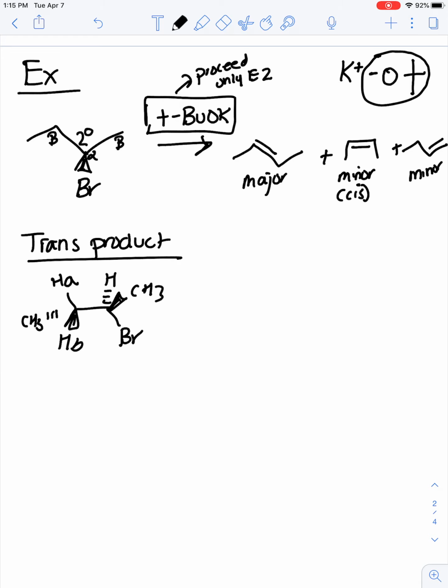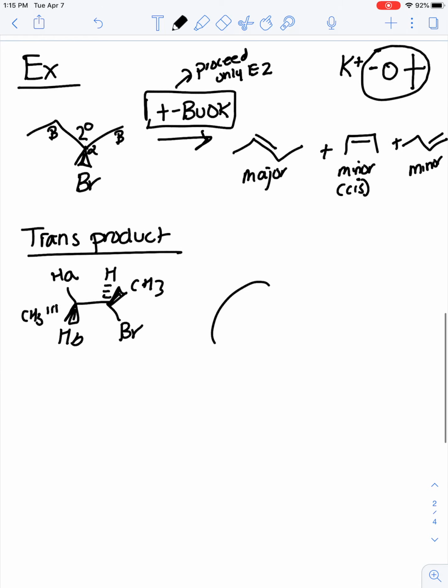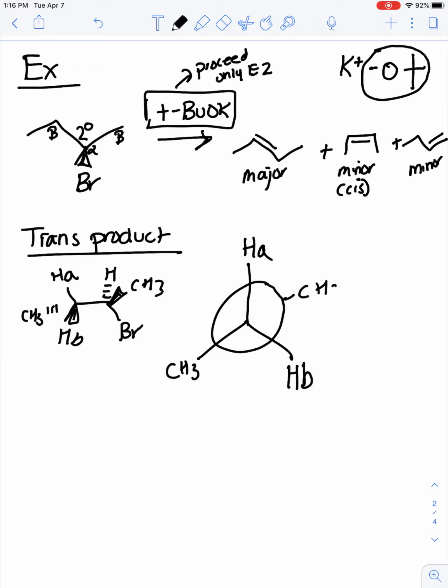When we draw the Newman projection, we have HA, we have CH3, oh, sorry about that. We have HB, CH3, and Br.